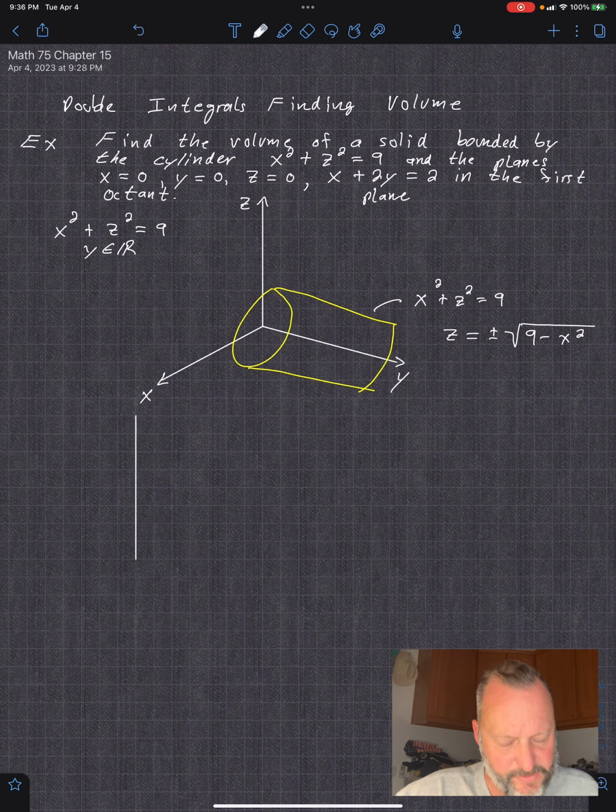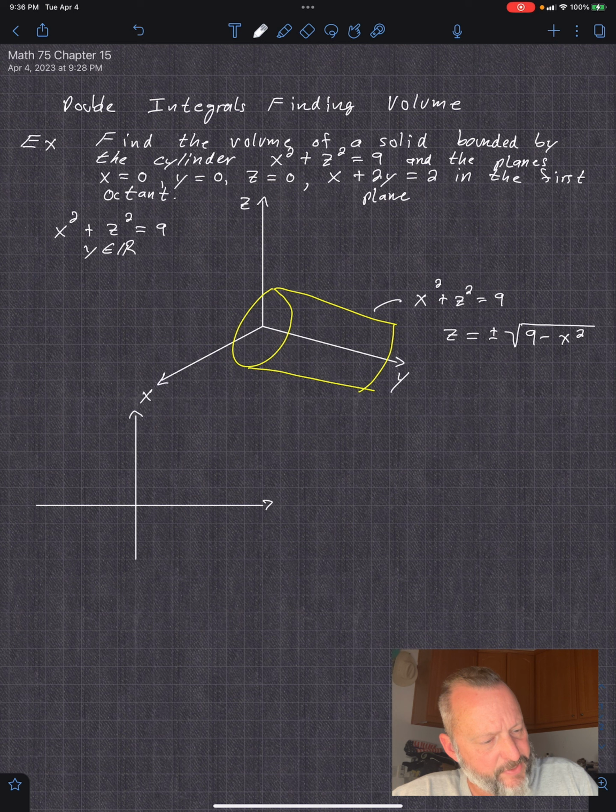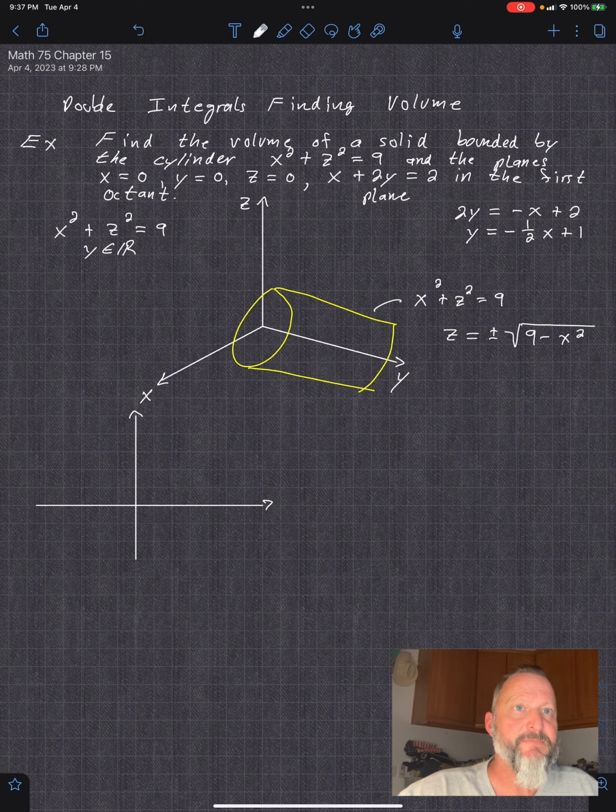Okay, so here's the xy plane like this, and that line, if you solve for it, you'd have 2y equal to negative x plus 2. So y is equal to negative 1/2 x plus 1, which is kind of nice, right?